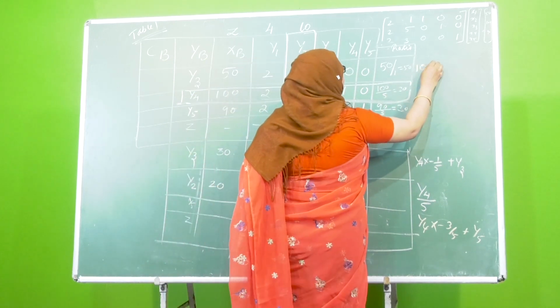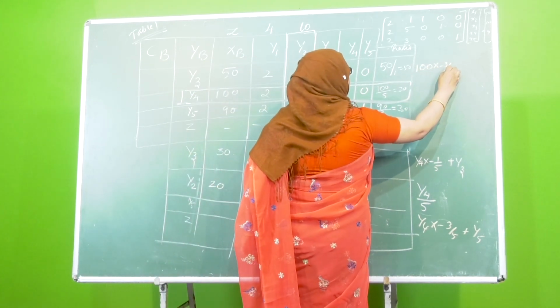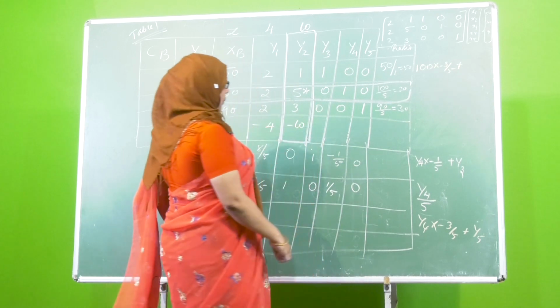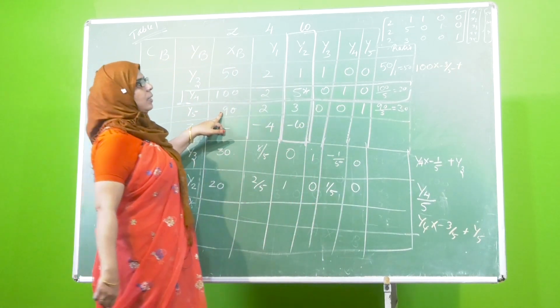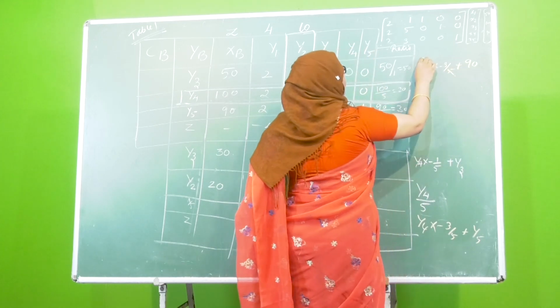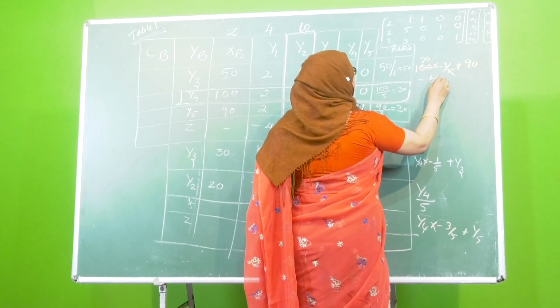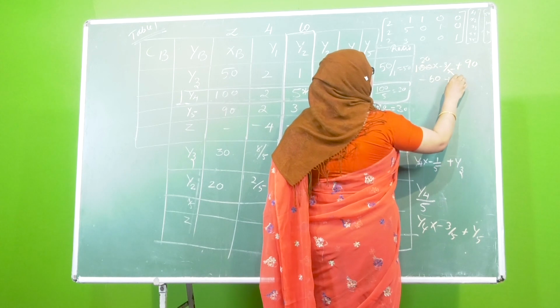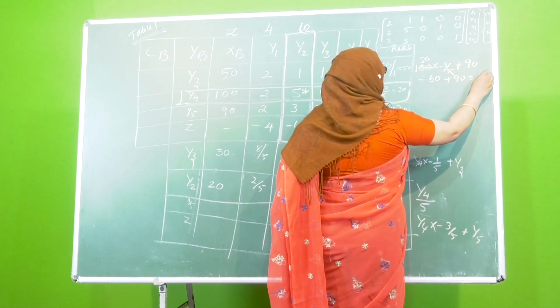So 100 into minus 3 by 5 plus y5, 90. Okay, so 20 minus 60 plus 90, 30.